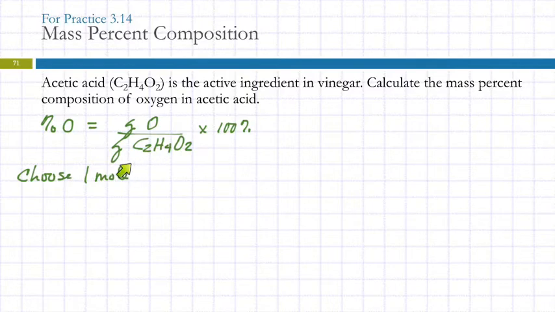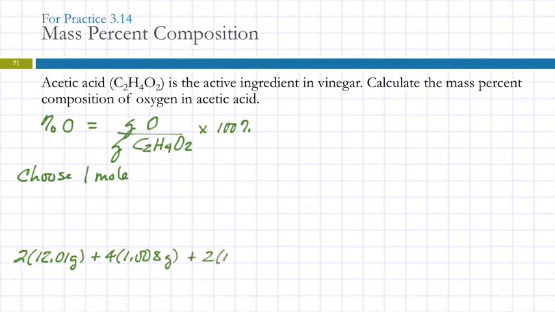So can we find the mass in grams of 1 mole of acetic acid? Yeah, we just learned how to do that. Let's do that down here. So we've got 2 times the mass of carbon, because there's 2 moles of carbon in 1 mole of that compound, and 4 times the mass of hydrogen, and 2 oxygens.